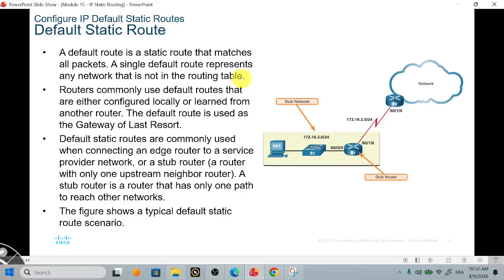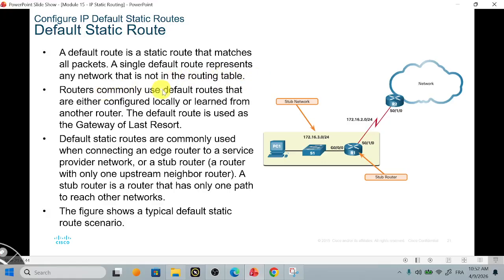The good path should have the largest number of bits that match. If so, the IP address can be forwarded through that path. Now, a single default route represents any network that's not in the routing table.